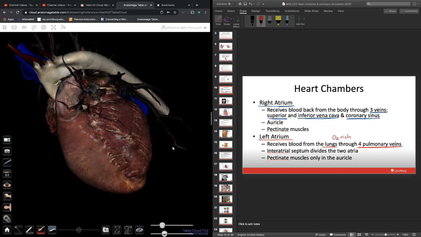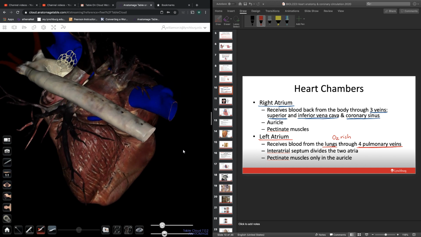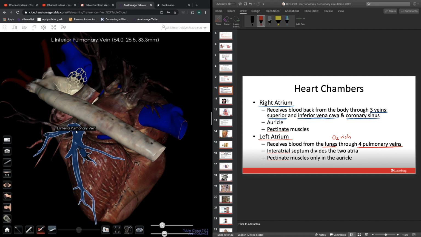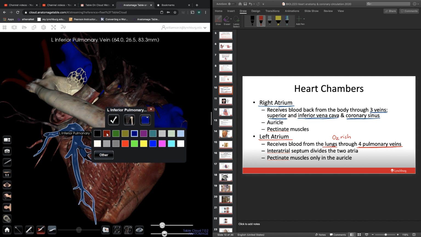If we look at the heart from the posterior aspect, this is our left atrium here, and we've got 4 vessels that are going to drain into it. If I look at this side, here's an inferior pulmonary vein that's bringing blood from the left lung, and I'm going to flat color it red.